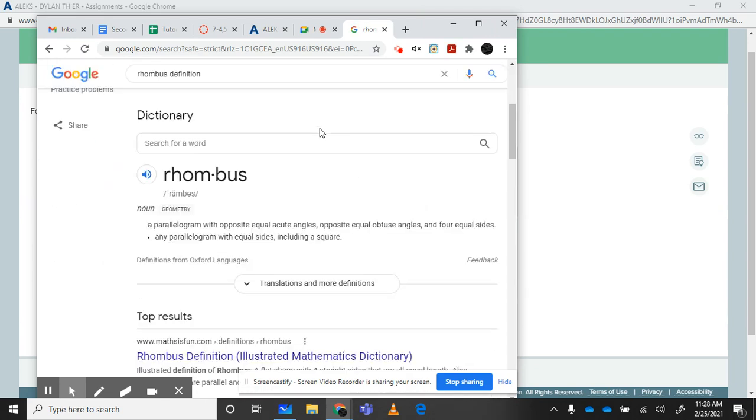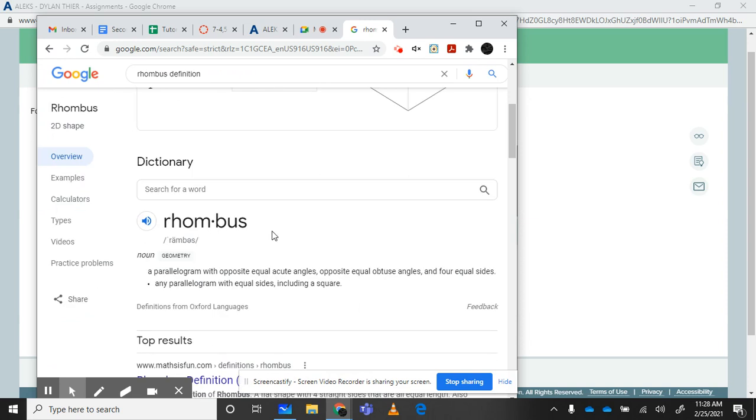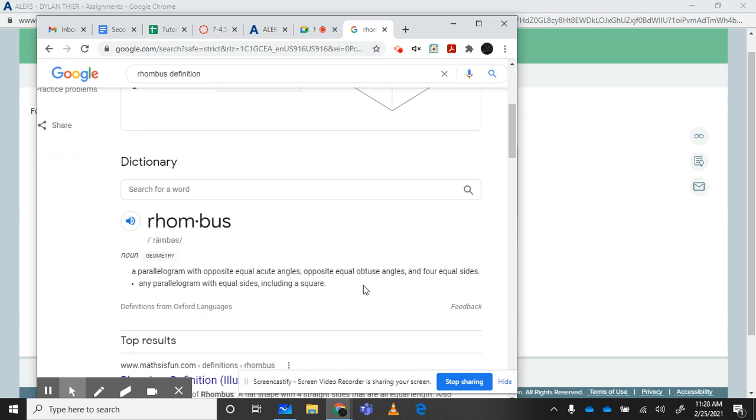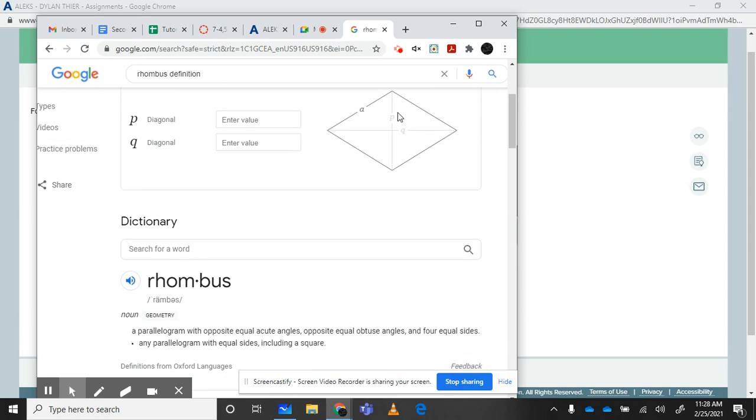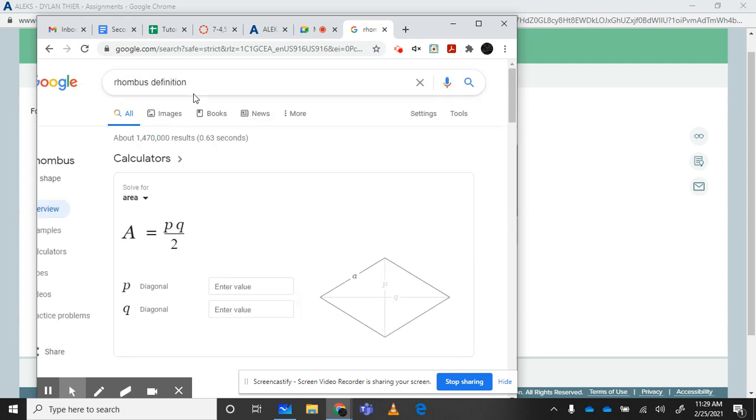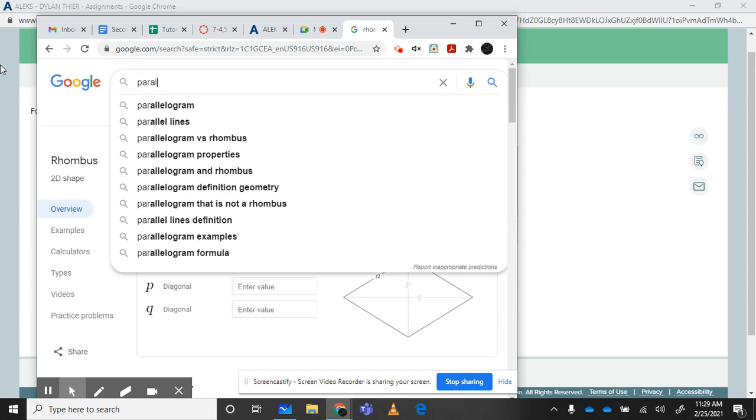Okay, rhombuses: a parallelogram with opposite equal acute angles, opposite equal obtuse angles, and four equal sides. Any parallelogram with equal sides. Okay. What is a parallelogram without equal sides?